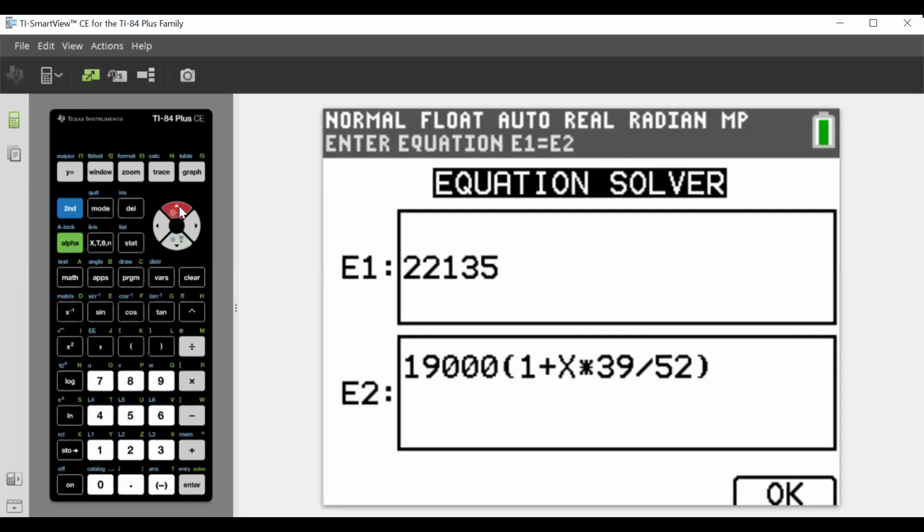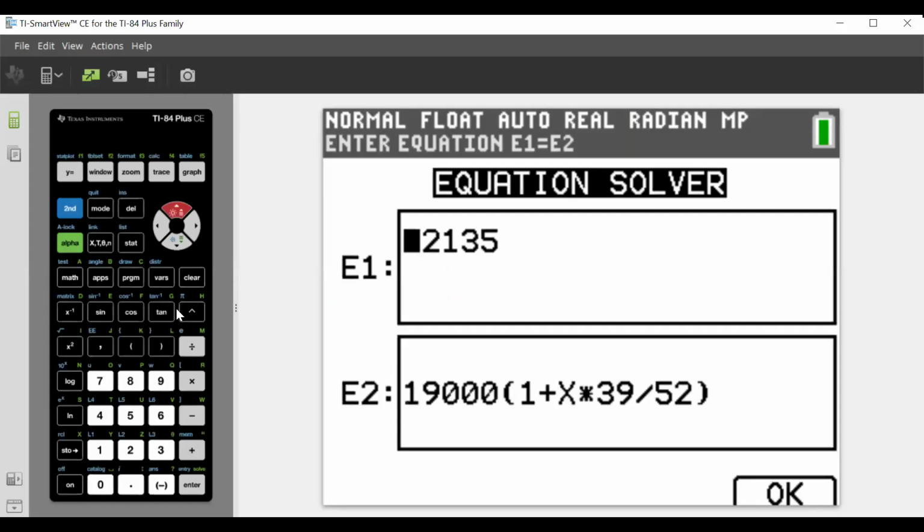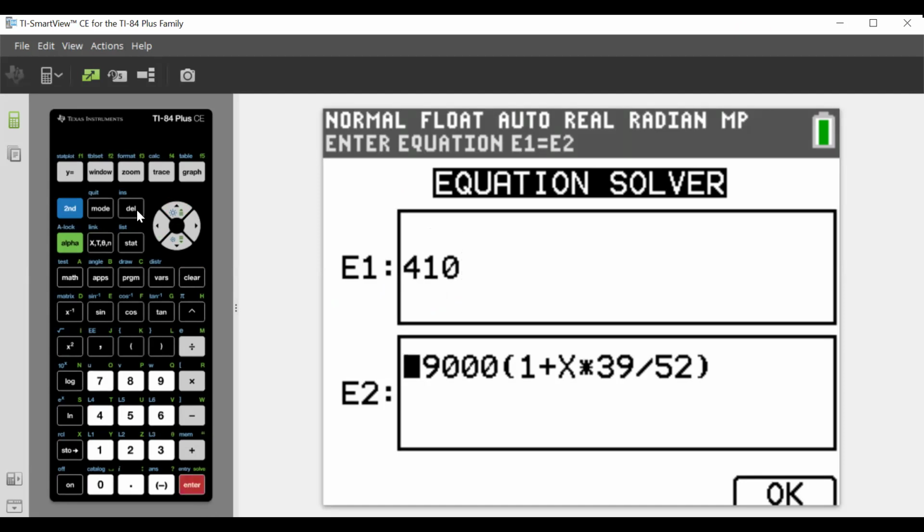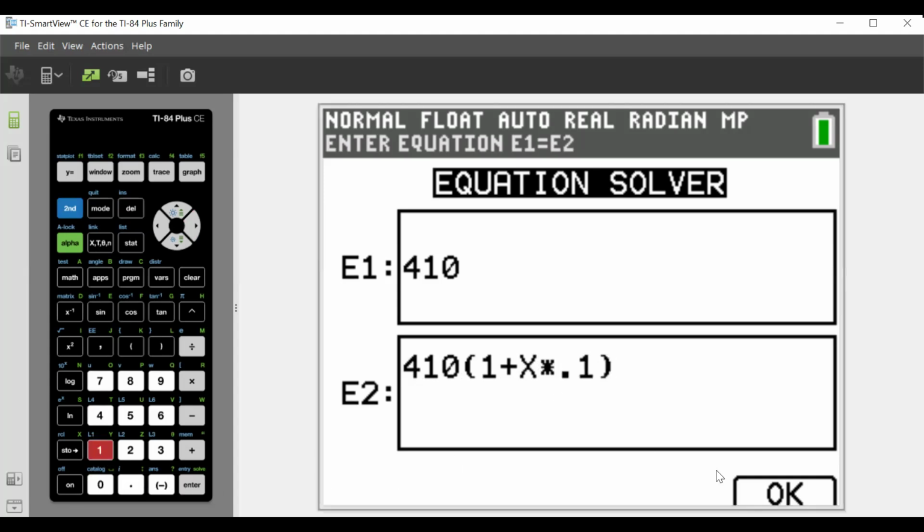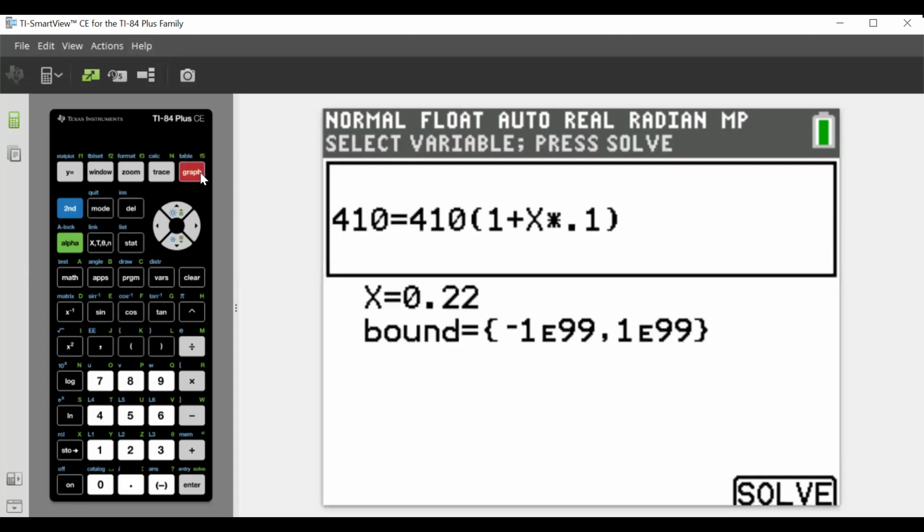So we just arrow up, and we enter 410 down here, and then let's delete some things, and this is going to be the decimal 0.1.